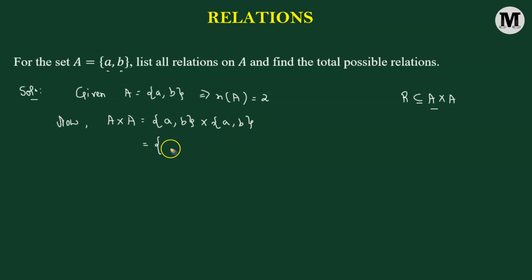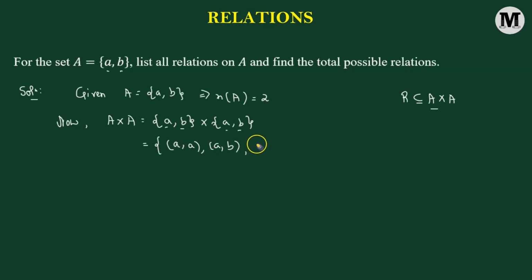That gives us a set of ordered pairs. To find the ordered pairs, we first consider the first element of the first set A and form an ordered pair with the two elements of the other set A. So we have (a, a) and (a, b).